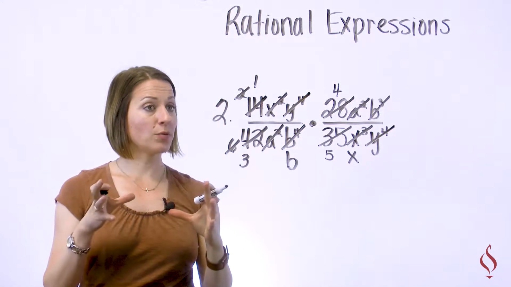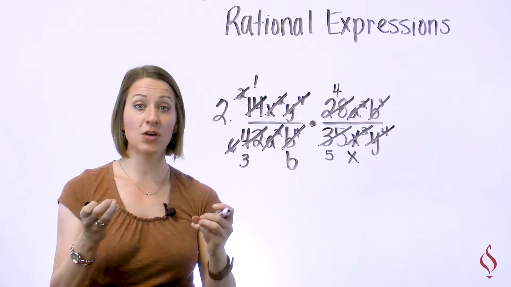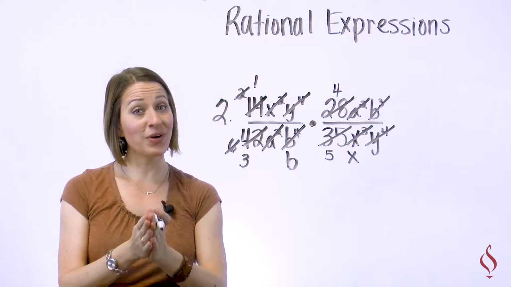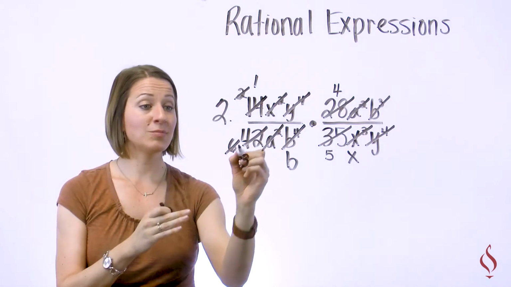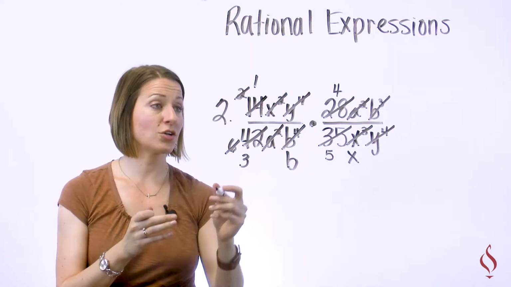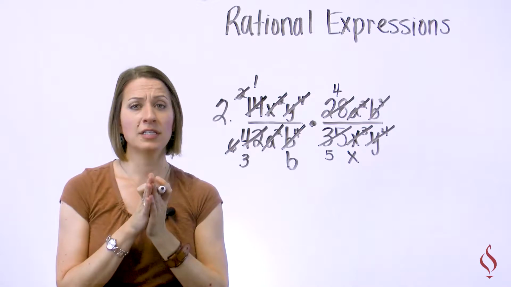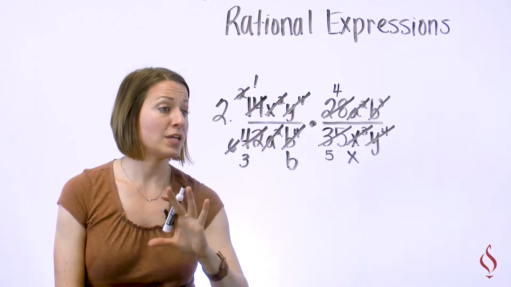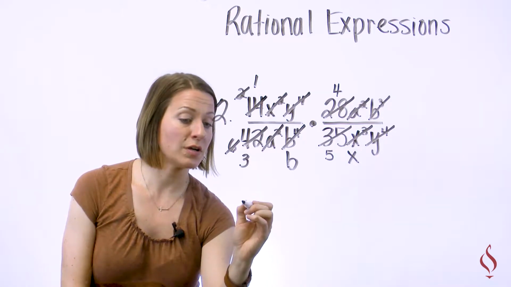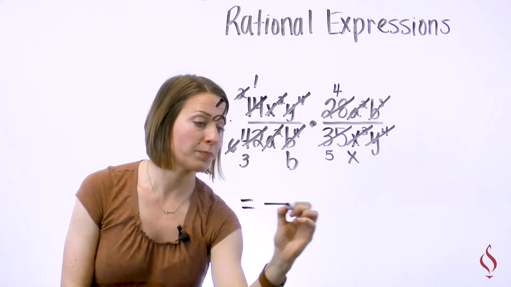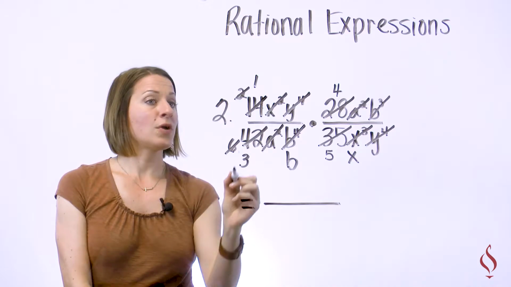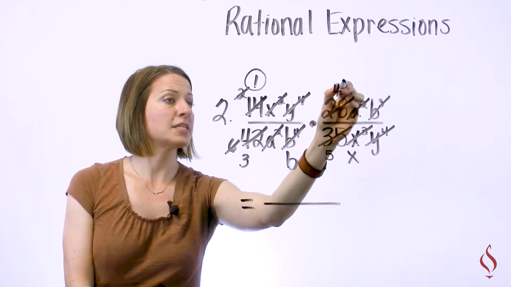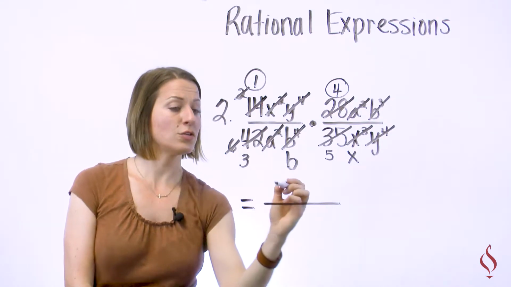Okay, this is the part where we need to pull what was left over and make our answer. Now, it depends on how nice you write, because sometimes with all of these parts crossed out, it's really hard to see what you have left over. So be really careful as you put your answer together. Okay, it looks like we just have this 1 times 4 in the numerator.